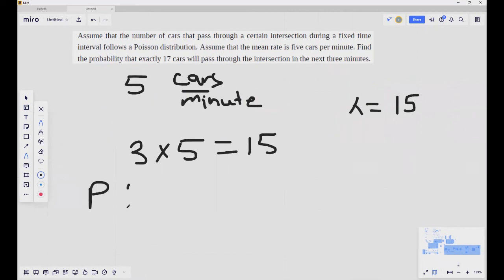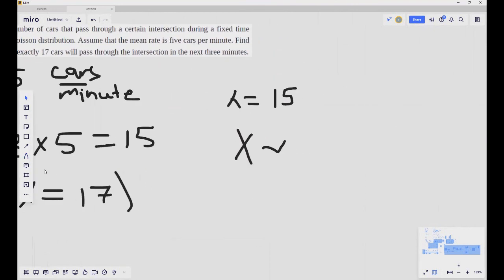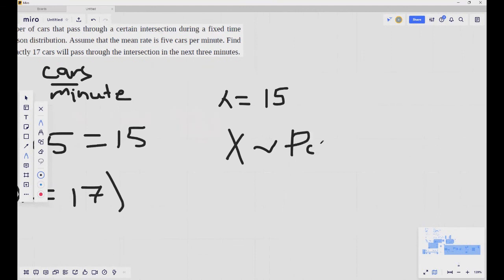Then I'm looking for the probability that random variable x is equal to 17, given that x follows a Poisson distribution with lambda equal to 15.